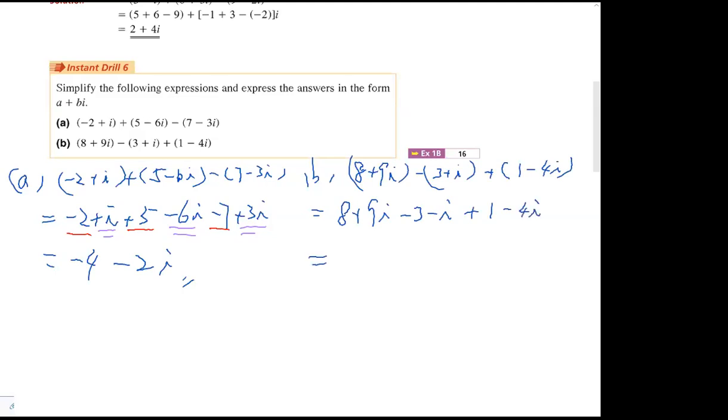And then calculate the like terms. 8 minus 3 plus 1 becomes 6. And then the second group plus 9i minus 4i becomes plus 4i. Am I correct? Yes. Okay, so that is like this.